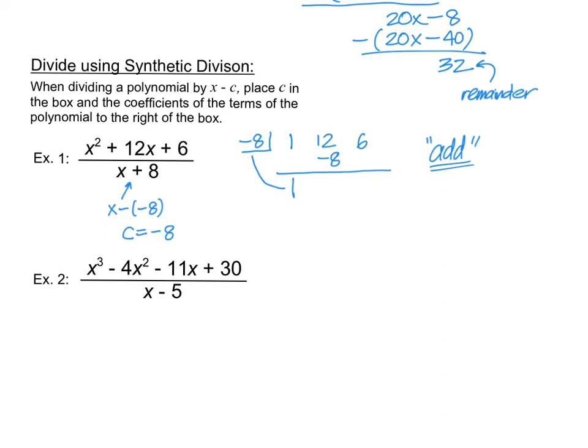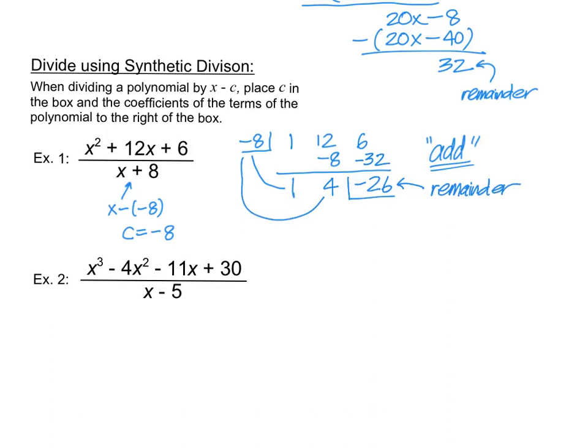Make sure you remember to add going down. So 12 plus negative 8 is 4. So you write 4 right there. Then you do 4 times negative 8, which is negative 32. And then you write it right there. And then you add going down. 6 plus negative 32 is negative 26. I draw a box right there because this right here is the remainder.